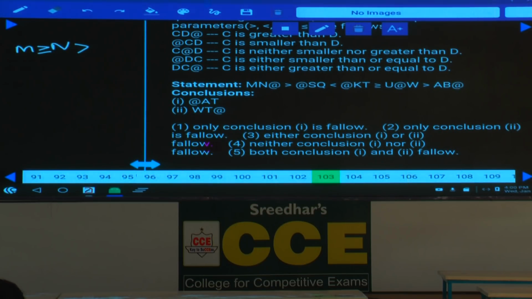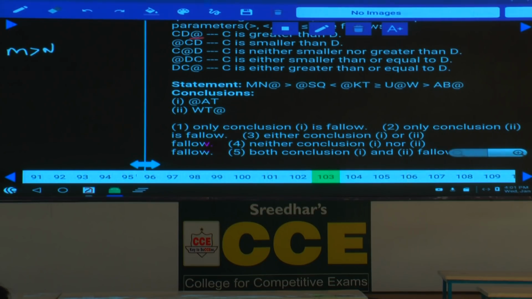Now M greater than or equal to N, and the next one is what? N is greater than, next one S and Q is given. At the rate of is at the last placement. S, Q is greater than M greater than N, it comes under this category.